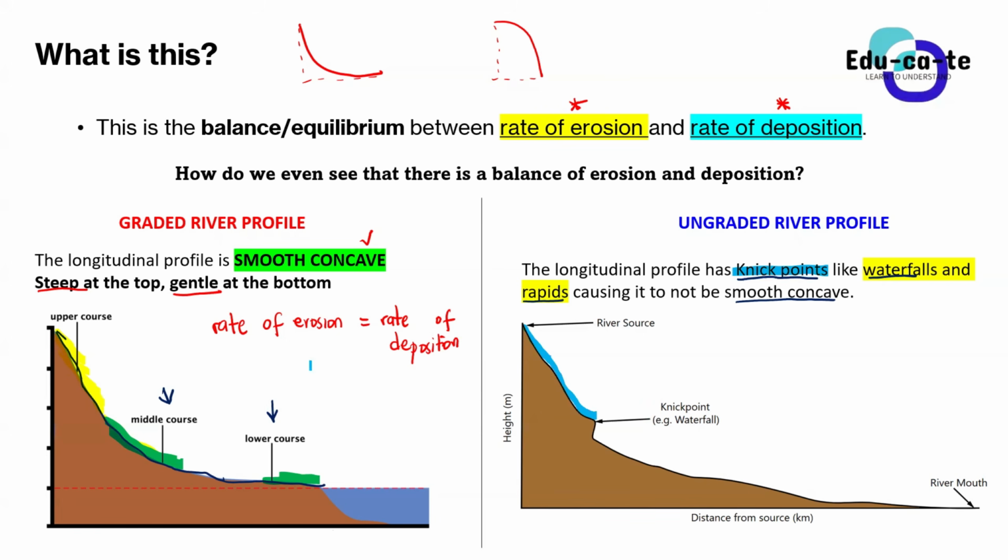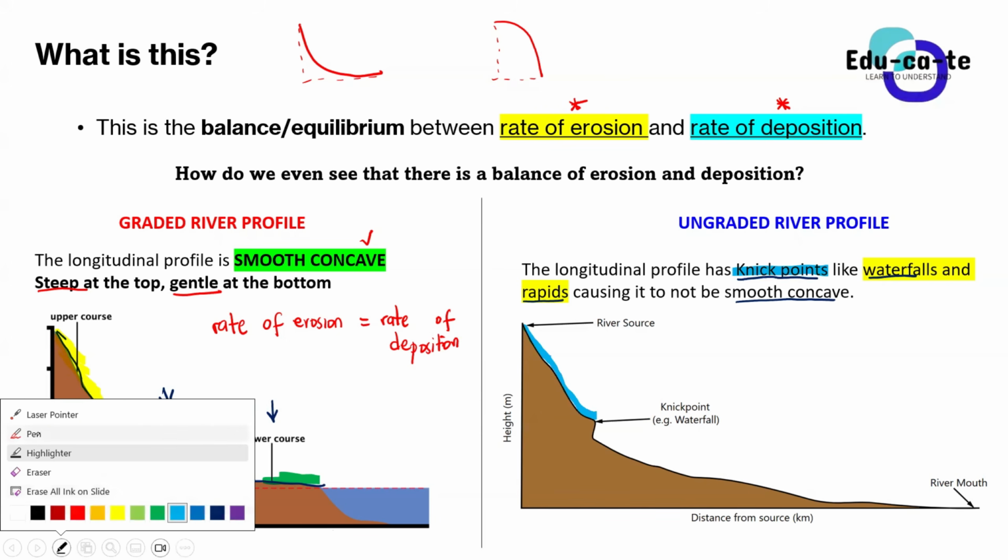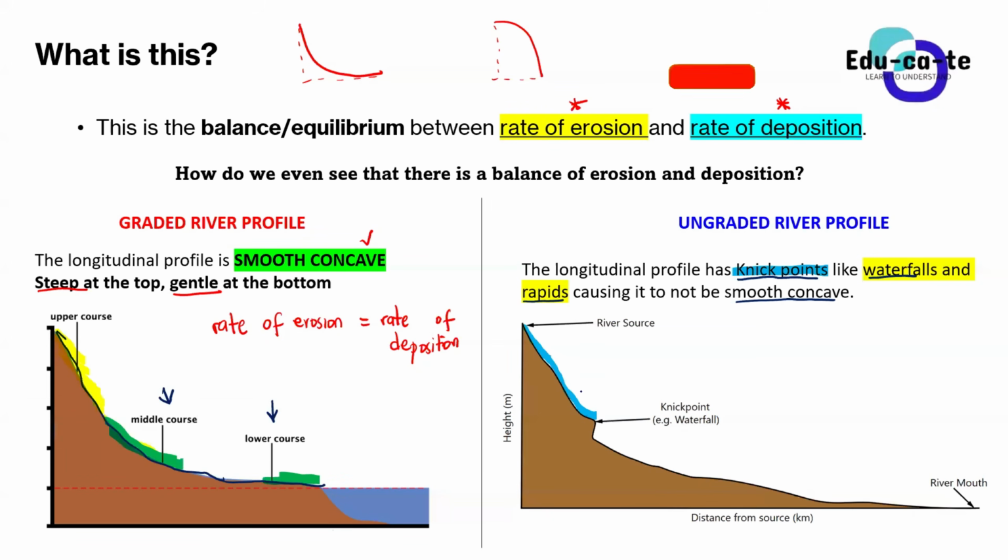Okay, because you can see that the river was flowing down in a gradual manner in this way. But then all of a sudden, you find that there's a nick point here. So this sharp change in gradient that we're having is known as a nick point. It is the one that actually causes the water to fall. That is why we end up having a waterfall.